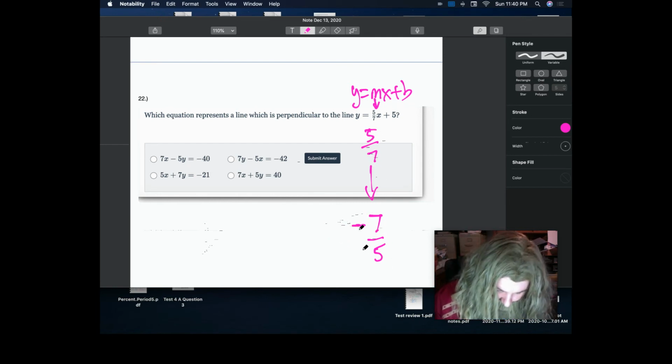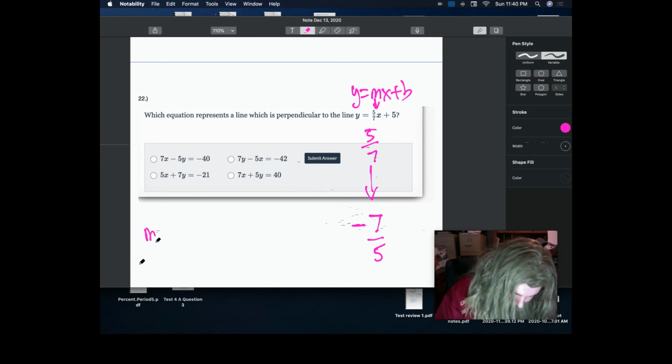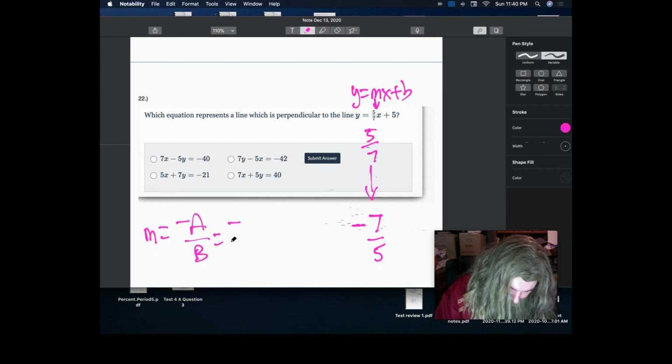And if we have a slope of negative 7 over 5, then what does that mean? Well, m is equal to negative a over b. So that means a must be 7, so b must be 5. So I am looking for an a of 7, a b of 5. And that occurs here.